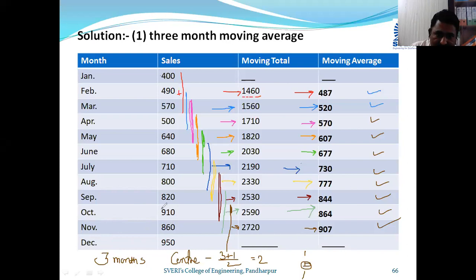I will take only this. Already the answer is with you, but we have to go for the calculation part. 910 plus 860 plus 950 divided by 3. You are having already the answer as 907. This is the answer for the next type.